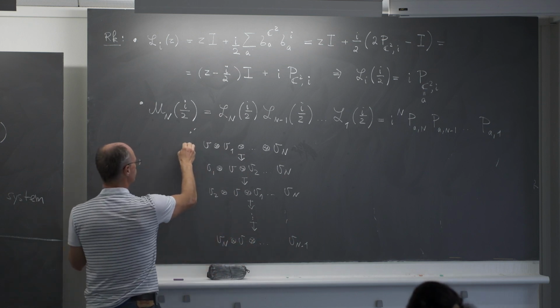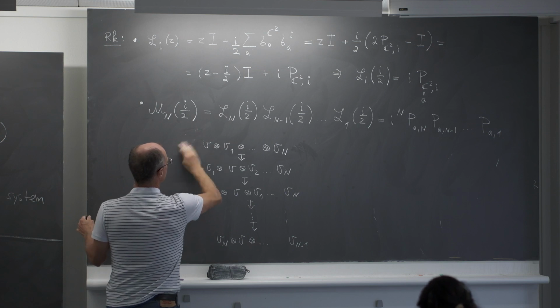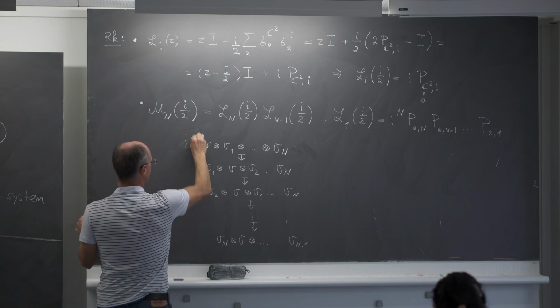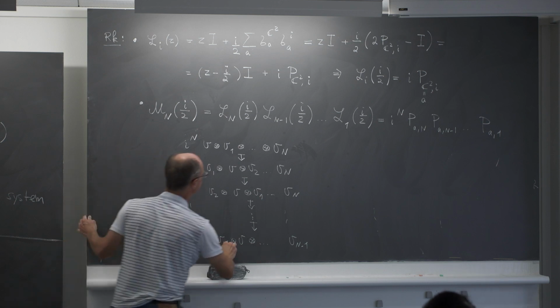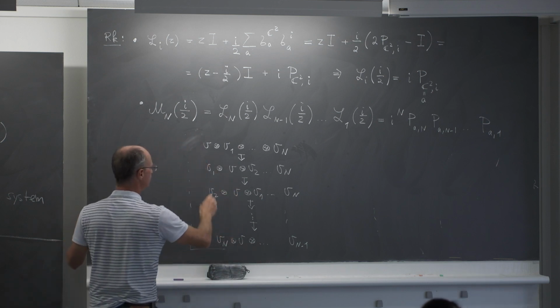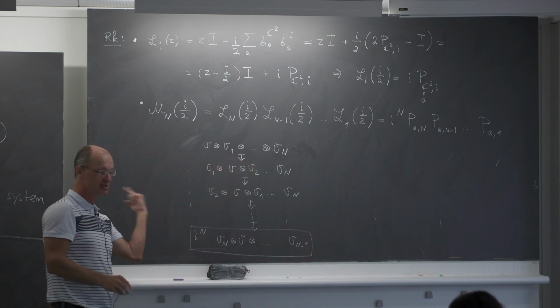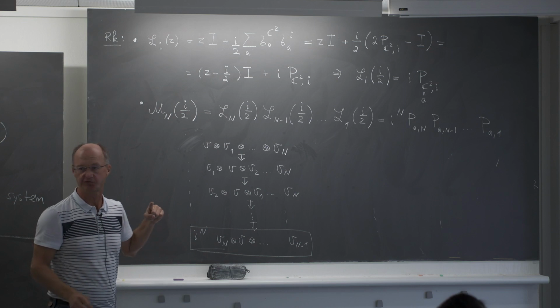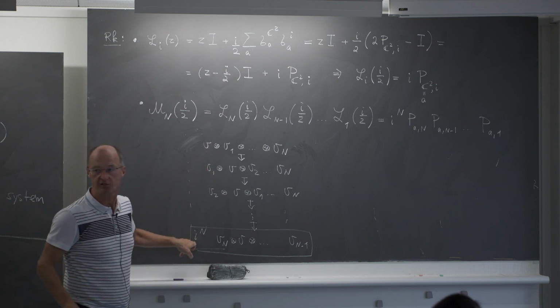And of course, we always had i to the power n. So that's the first vector, and that's the end result. The end result is a cyclic permutation of the vectors, including v_A, times i to the power n.